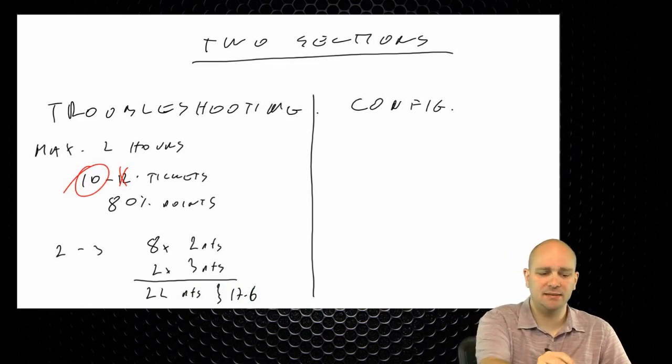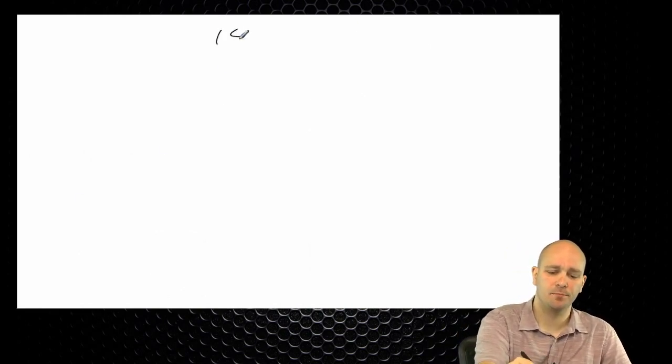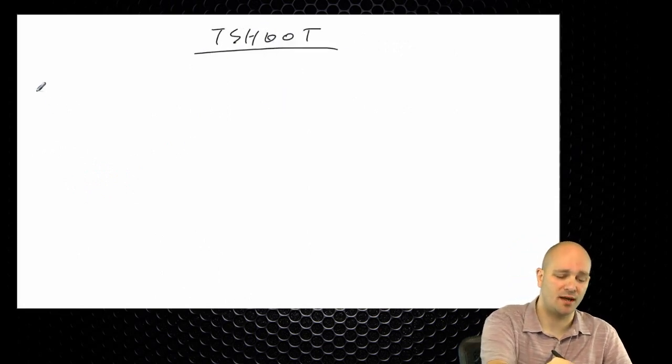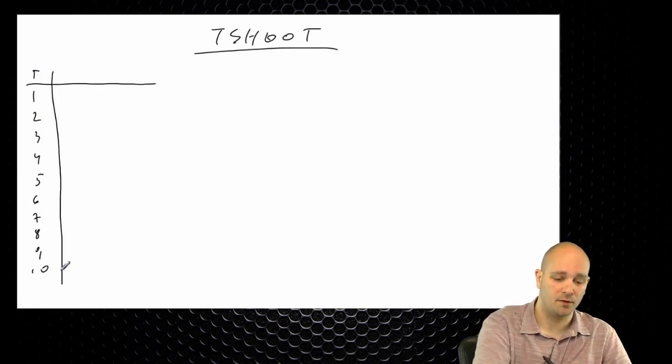If you want to pass the exam, you need to get 17.6 points. Now, this is a little bit difficult because if you take a look at the layout of the points, let's say that you have your 10 tickets, 1 through 10, and let's say that the point values for the tickets are 3, 2, 3, 2, 2, 2, 2, 2, 2, 2.